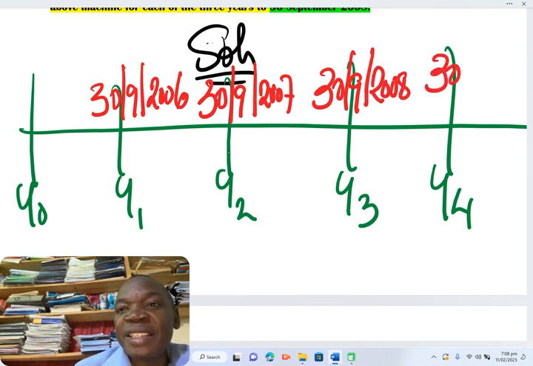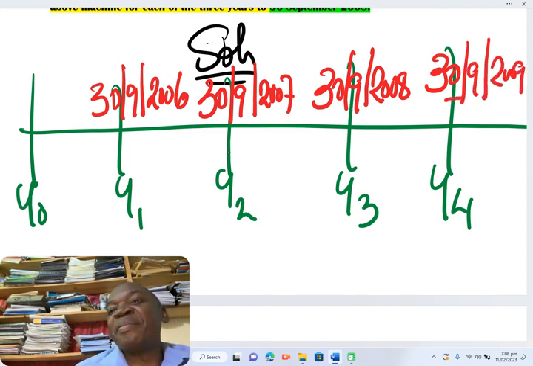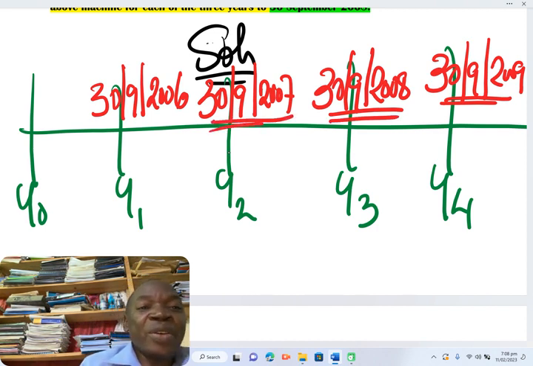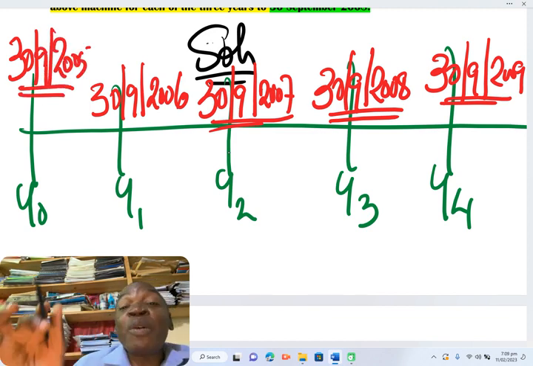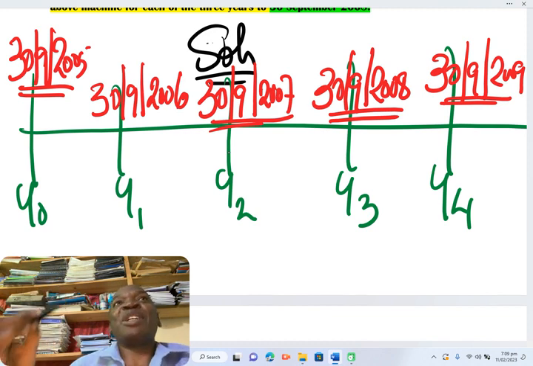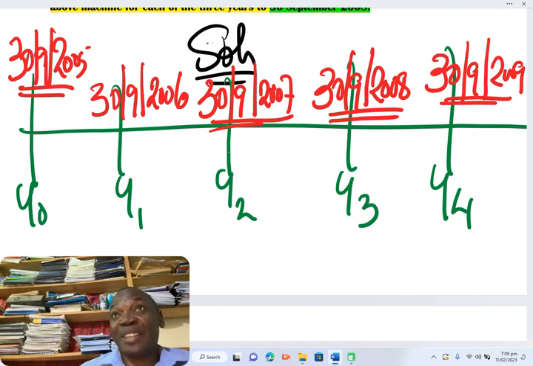This is 30th September 2009. Do you see what I'm reporting here? So year naught was at 30th September 2005. That was the date of acquisition of the machine, the initial recognition. Do you understand from there?